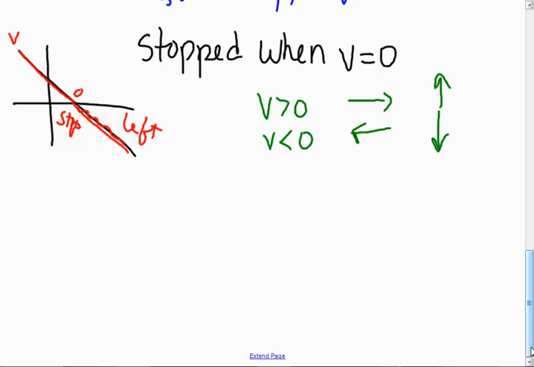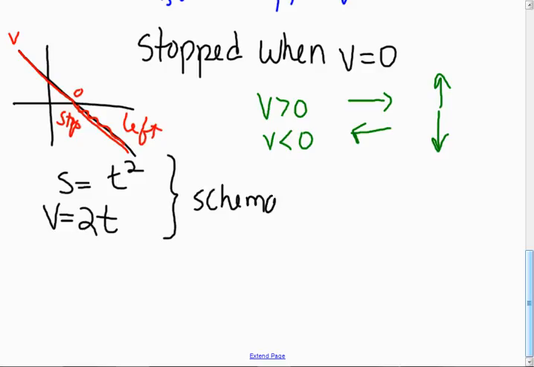So if you have s equals t squared, make it something simple. What's your velocity? 2t. Usually they'll say t is greater than 0. So if I wanted to do a schematic for this one, a schematic is where you're actually going to plot where you are. So when t is equal to 0, here's your position graph. When t equals 0, you are at 0.